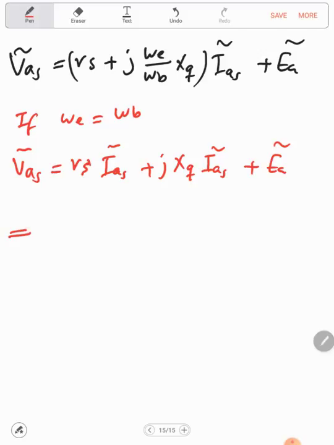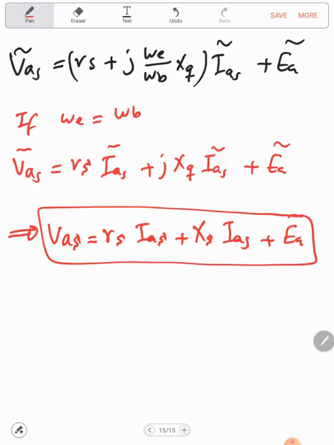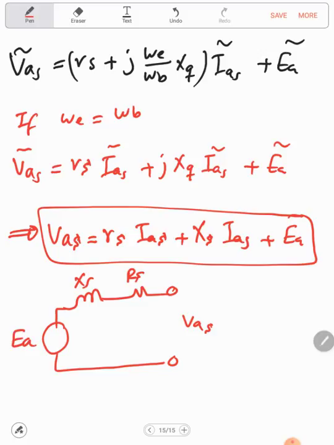So simply we are reaching the well-known voltage equation at steady state for the synchronous machine, which is VAS equals RS IAS plus XS IAS plus EA. So this is the VAS, this is the RS, this is the XS, and this is the internal voltage, which is the EA, and this will be the IAS. This is the voltage equation of the synchronous machine at steady state.